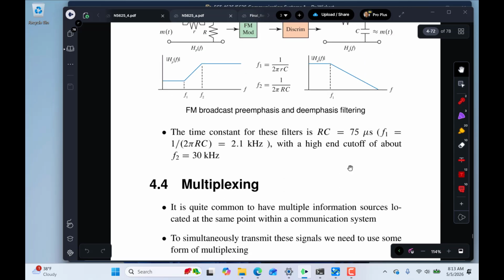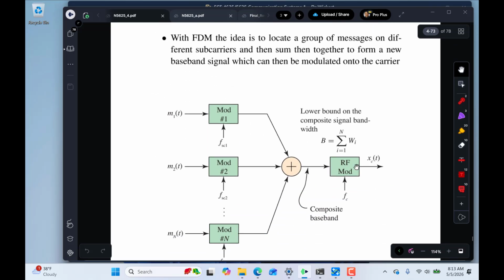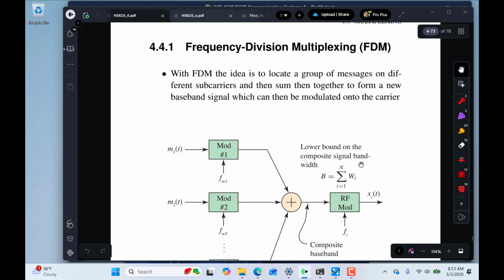Frequency division multiplexing is where you decide that you want to combine multiple signals and send them through a common carrier. We talked about in chapter 3 at the very end time division multiplexing, and I know I put on exam 2 an example of time division multiplexing, right? And that is something that without communications theory you'd say, oh, this is digital logic, right?